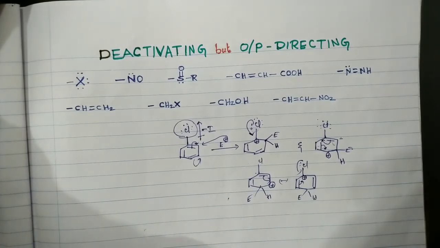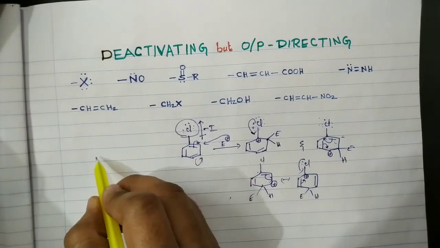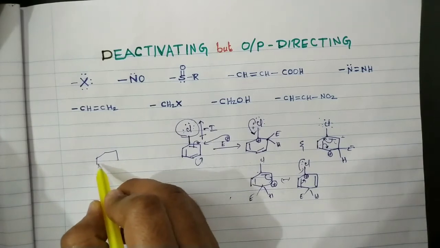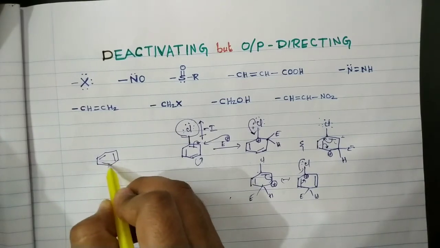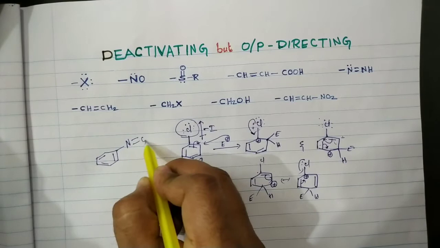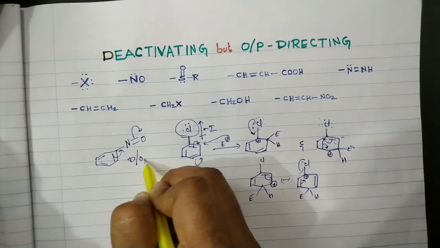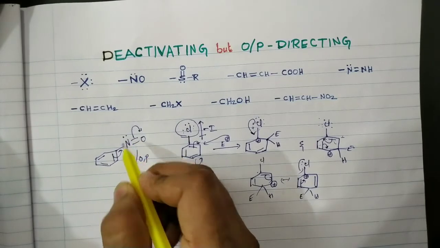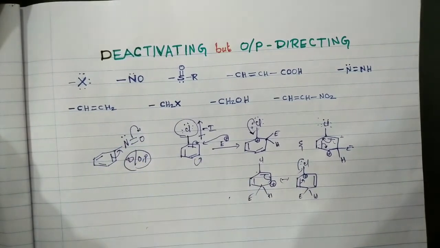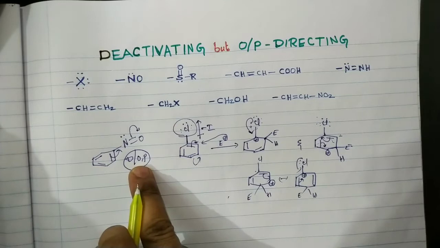Similarly, we can say that this NO group is also a deactivating group. How is this a deactivating group? Because of the pi conjugation it is deactivating, but because of the lone pair of electrons it is an ortho-para directing group. The same story we can explain here.